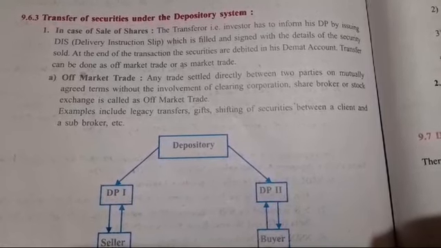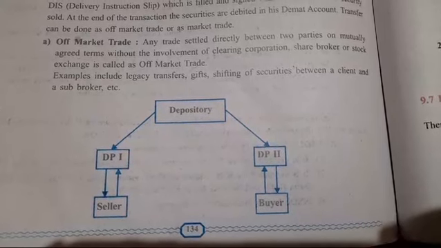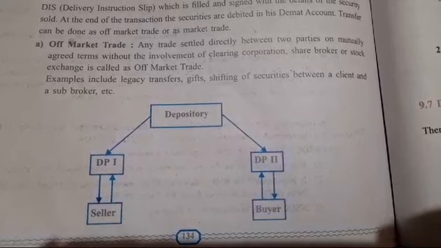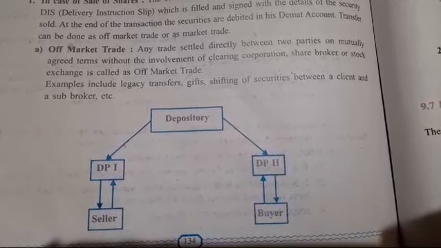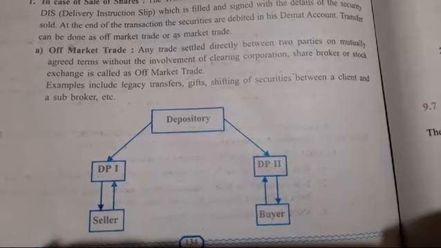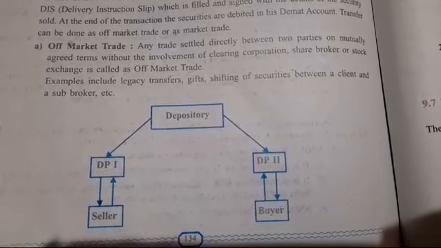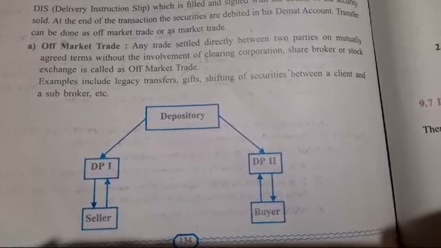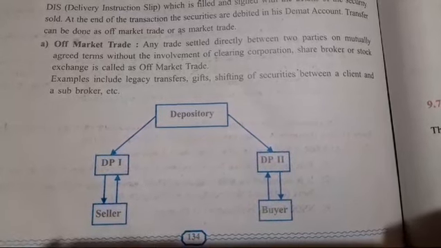Transfer can be done as an off-market trade or as a market trade. A. Off-market trade. Any trade settled directly between two parties on mutually agreed terms without the involvement of clearing corporation, share broker or stock exchange is called an off-market trade. Examples include legacy transfers, gifts, shifting of securities between a client and a sub-broker, etc.